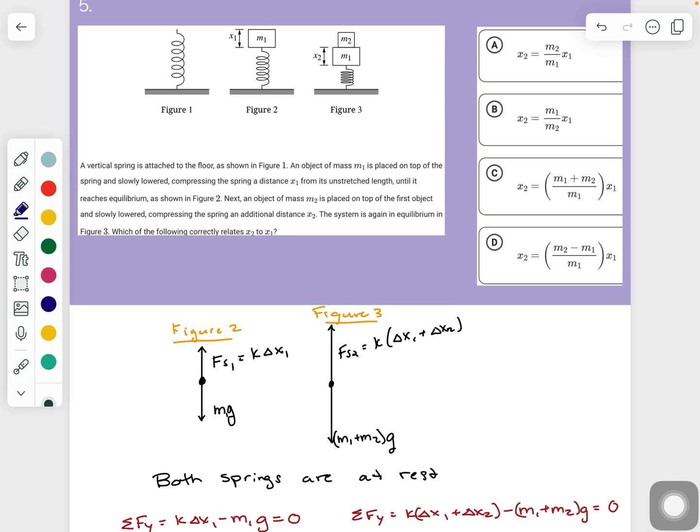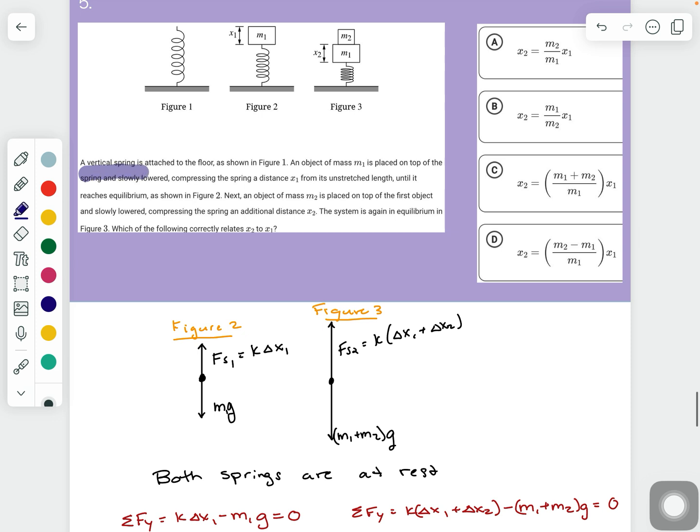All right. So taking a look, we have the vertical spring. Oh, I did not know that was going to highlight. Hold on. A vertical spring is attached to the floor as shown in figure 1. An object of mass M1 is placed on top of the spring and slowly lowered. That's showing us that it's not going to oscillate up and down, compressing the spring a distance x1 from its unstretched length until it reaches equilibrium, as shown in figure 2.